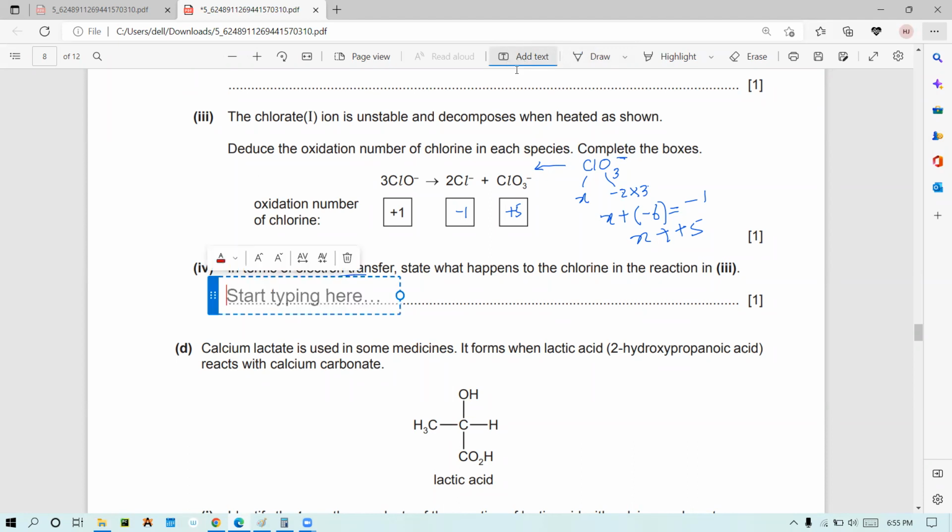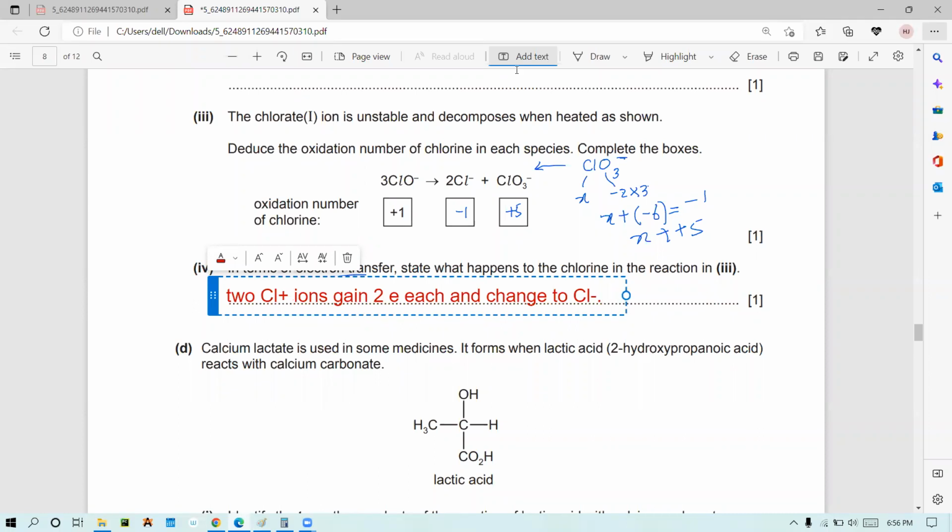So I can write: 2 Cl plus ions gain 2 electrons each and change to Cl minus.